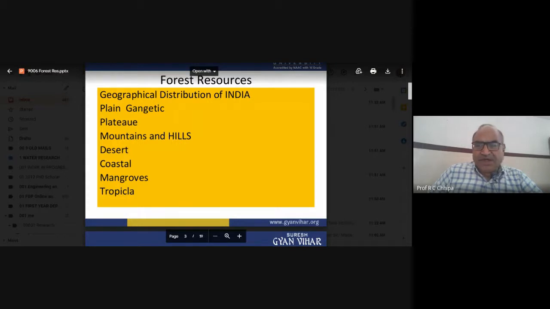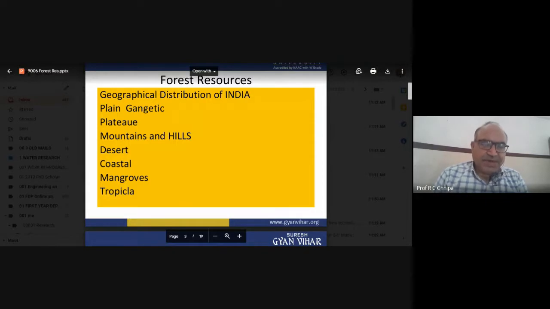Now one more thing: desert, then coastal, then mangroves. Mangroves are plants present in marshy land, such as in Gujarat, surrounding the coastal area, so that is related to the coastal area.